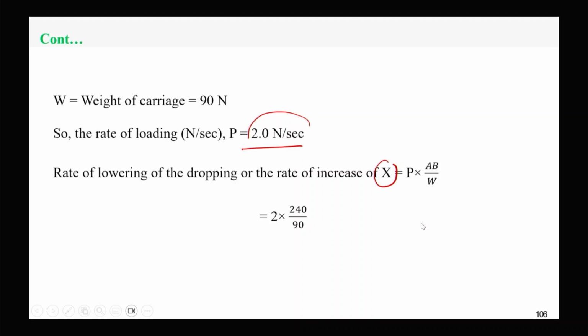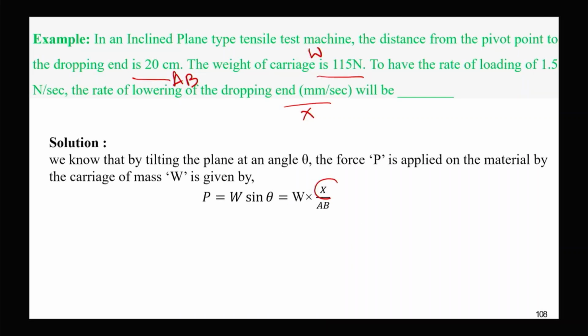Weight of carriage is known, so it will be 5.33 millimeter per second, using the same relationship. So if we lower down the other end at the speed of 5.33 millimeter per second, then we will be able to achieve the rate of loading. So the rate of loading we can fix, we can change the rate of loading.